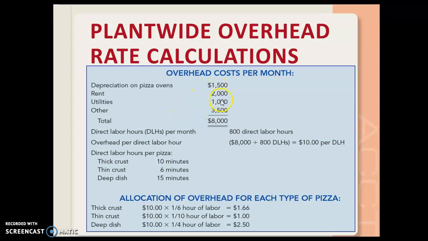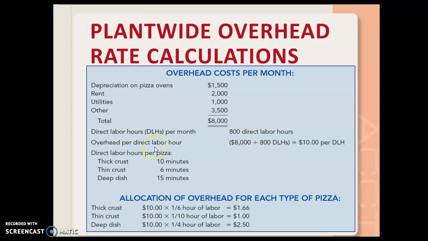We total all of those costs up per month. Here they're not doing it by the year, just for 1 month. So the total cost is $8,000. The direct labor hours per month is approximately 800.